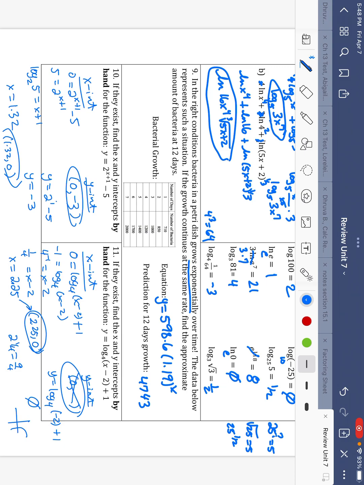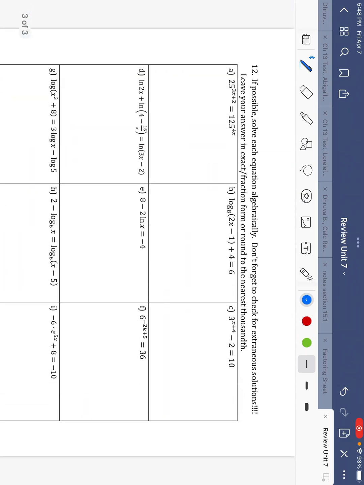All right, just some skills you should be able to do. Solving equations. All right, here we go. If possible, and remember, sometimes you can't solve an equation, like sometimes there is no solution. With letter A, I'm going to be able to change the 25 and the 125 to base 5. So it's going to be 5 squared. I still have 3x plus 2 equals 5 to the 3rd, and I have 4x.